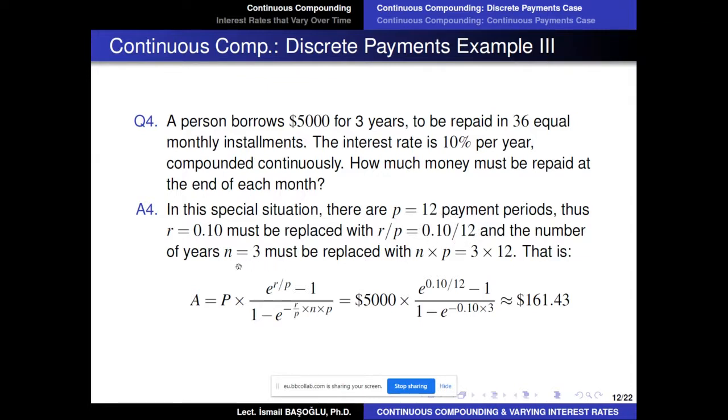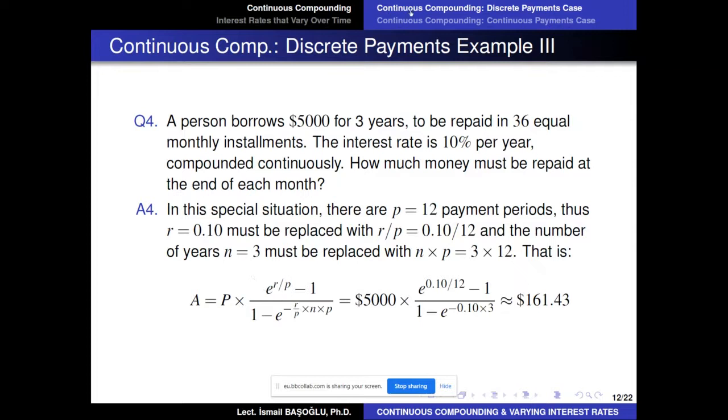And then instead of the number of years, we replace it with the number of payment periods, which is 3 times 12, which is 36. Now, if you want to identify the monthly installment amount A, then we need to multiply the principal amount with the capital recovery factor A over P.